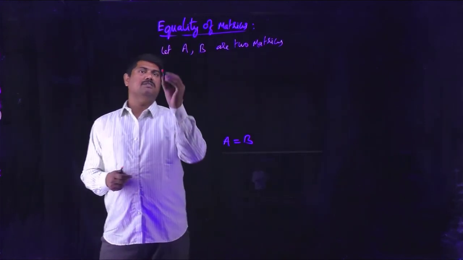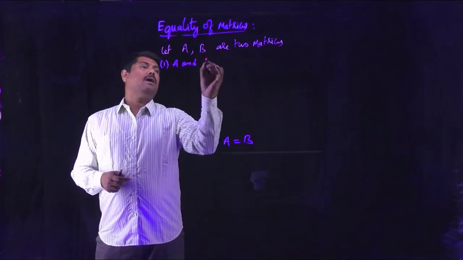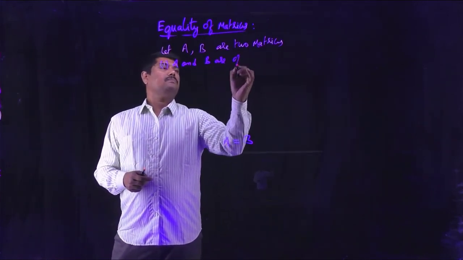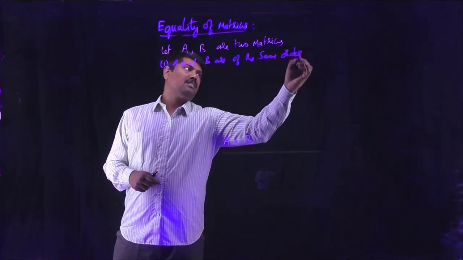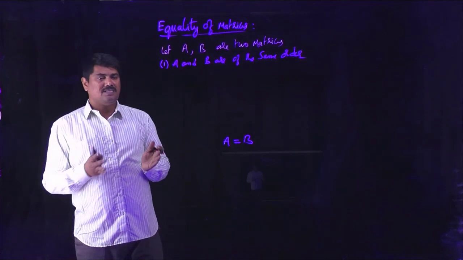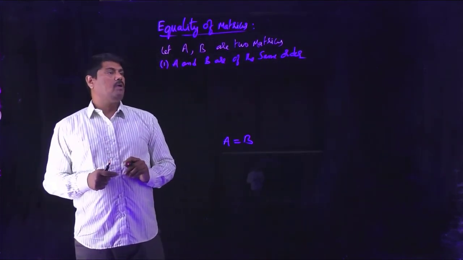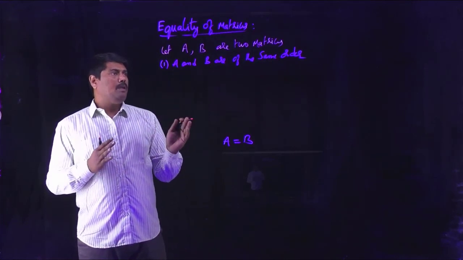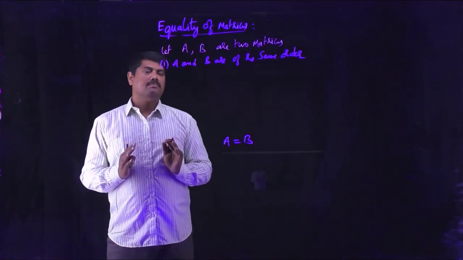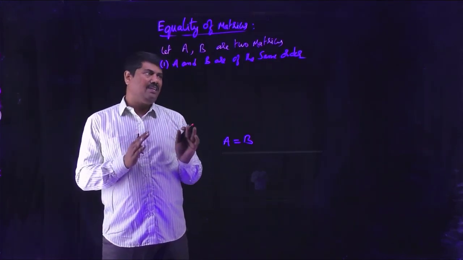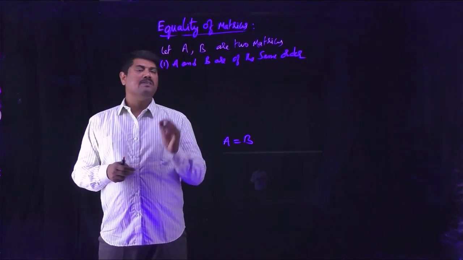What are the conditions? The first condition is A and B are of the same order. Both matrices should have the same order. It is mandatory for equality of 2 matrices that both matrices be of the same order.